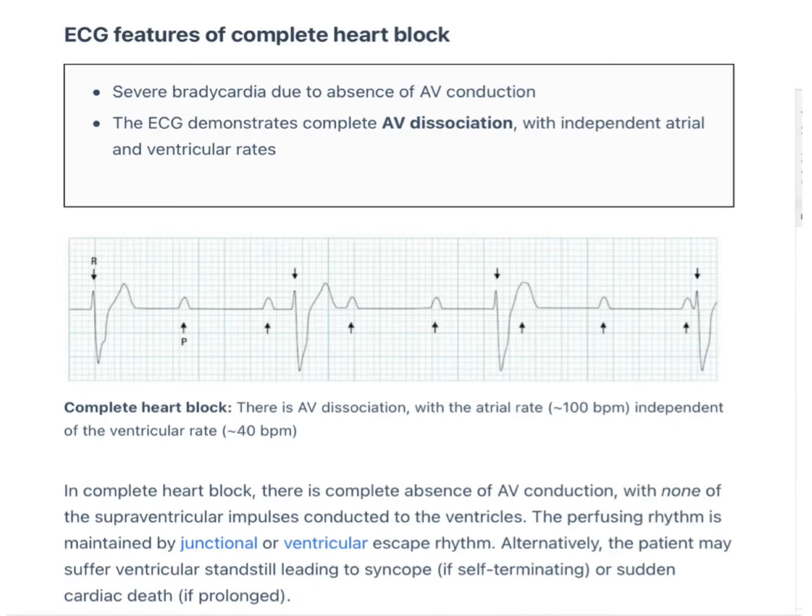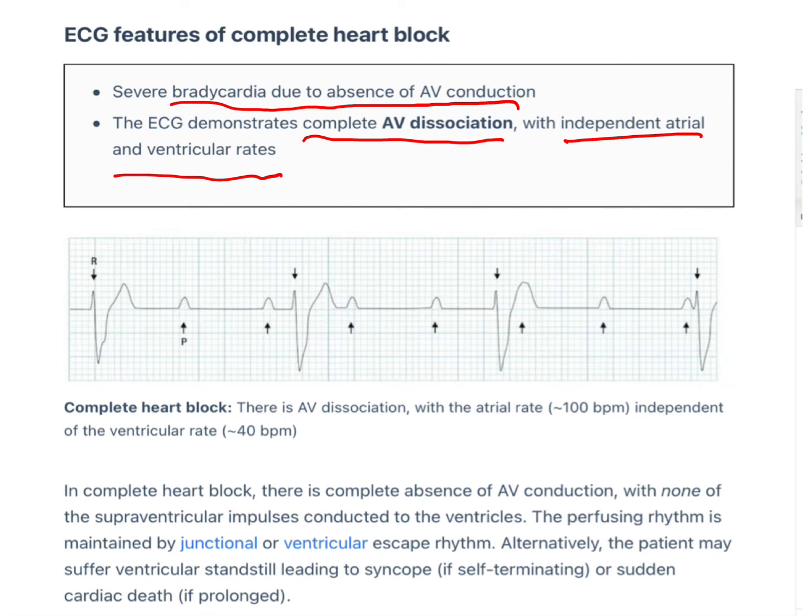Coming to the third degree or complete heart block, such patients have severe bradycardia because of absence of AV conduction. The ECG in third degree heart block shows complete AV dissociation with independent atrial and ventricular rates. This means the atria contract on their own and the ventricles contract on their own.